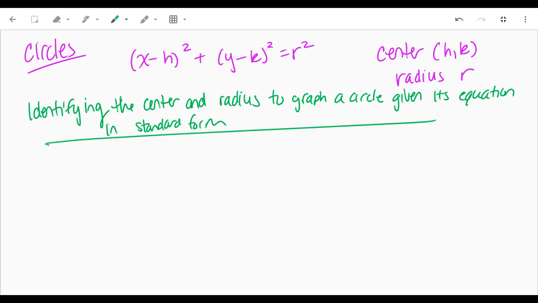So for the example on this one, they give us x minus 2 squared plus y plus 3 squared equals 16.